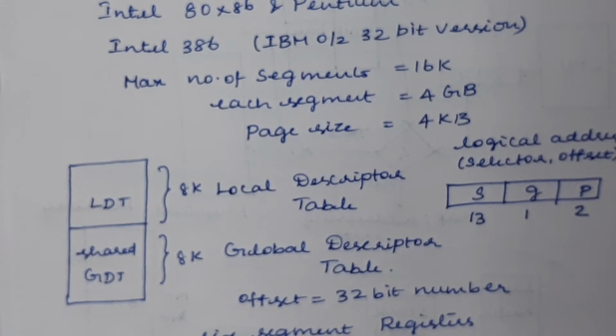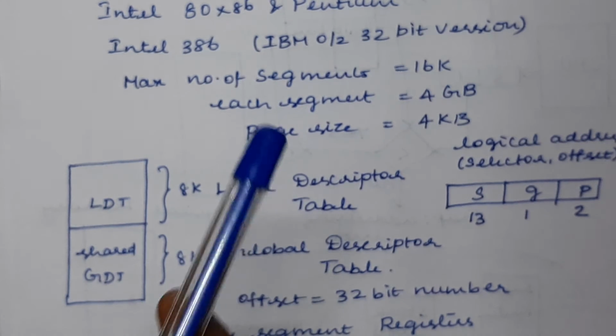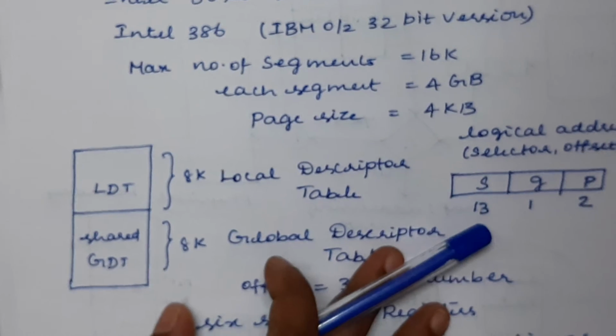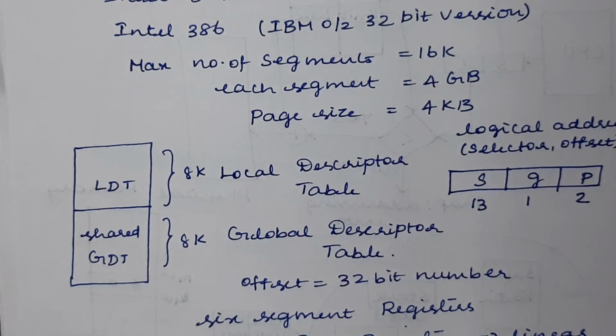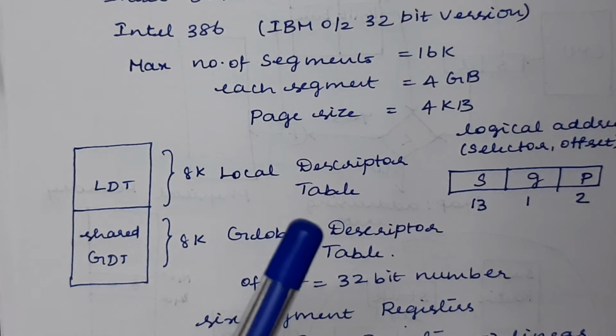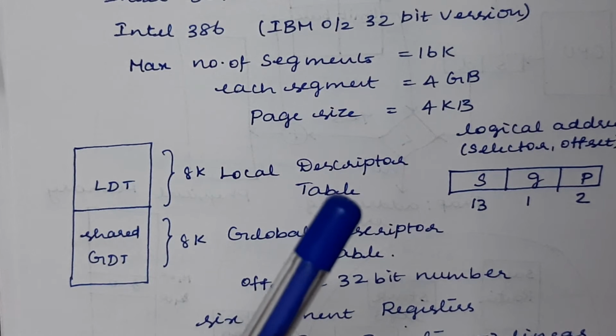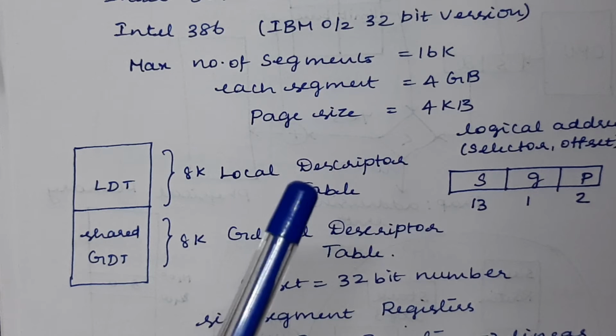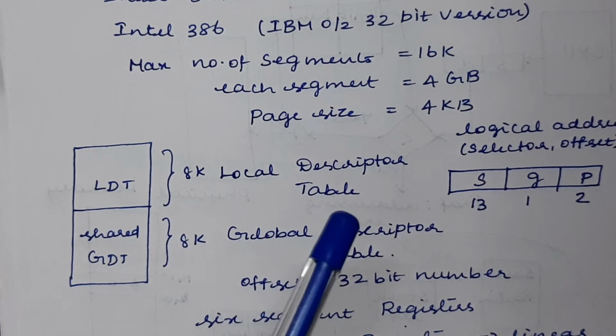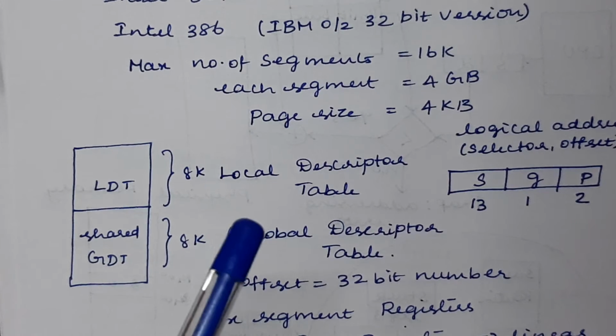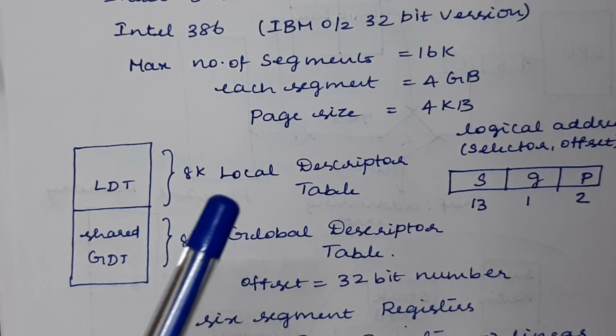And we actually have two categories of descriptor table. The first one is the local descriptor table, and the next one is the global descriptor table. Local descriptor table is for the segments present in main memory that belong to one particular process.